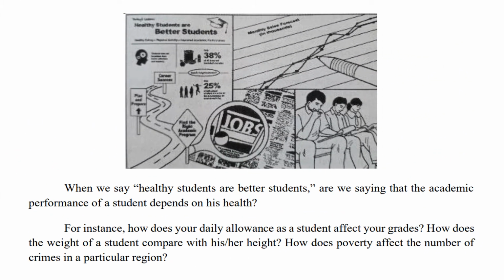So let's try to deal with this figure that will represent correlation and regression analysis. From this part, there is a phrase here: healthy students are better students. Are you saying that the academic performance of a student depends on his health?